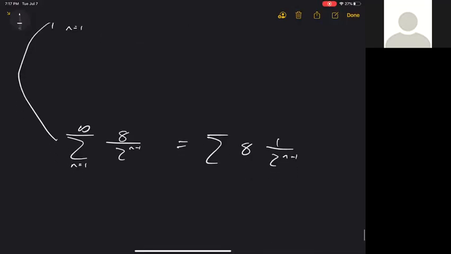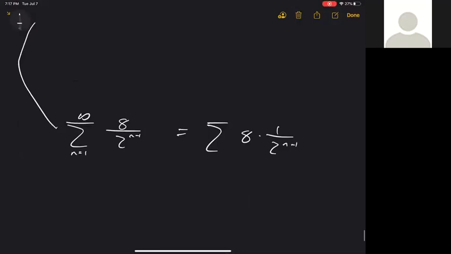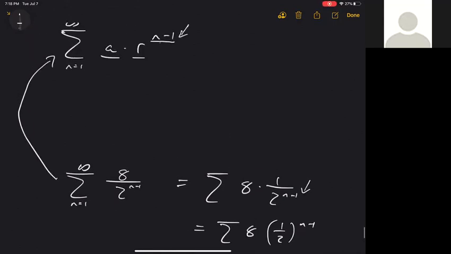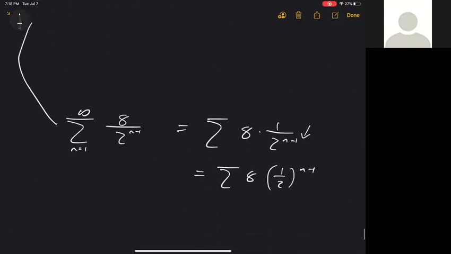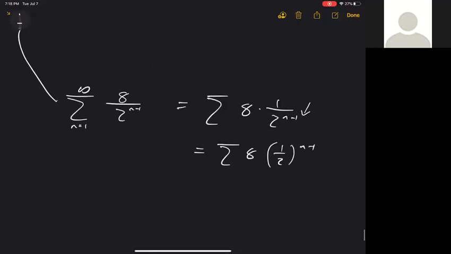And 1 over 2 to the n minus 1 is the same thing as 1 over 2 to the n minus 1. You can use that kind of trick to modify how your series looks, to make it more obviously a geometric series.